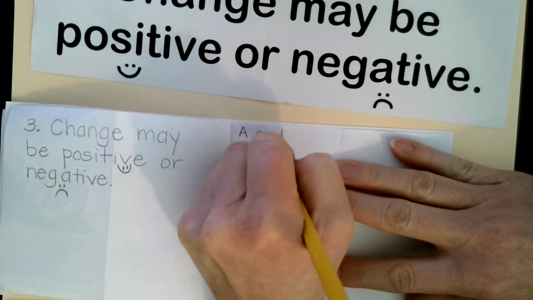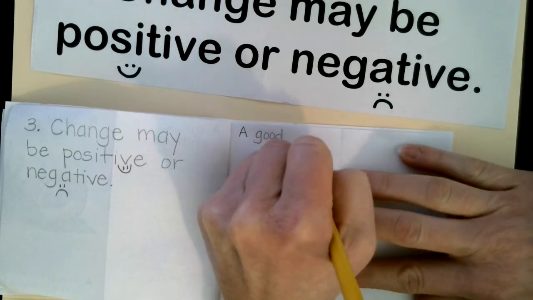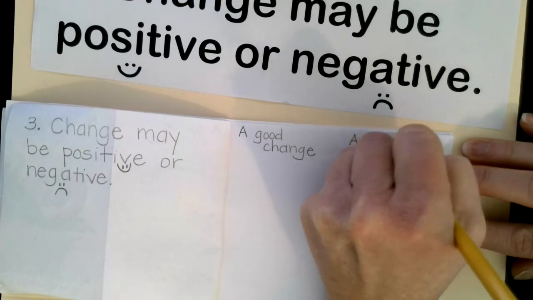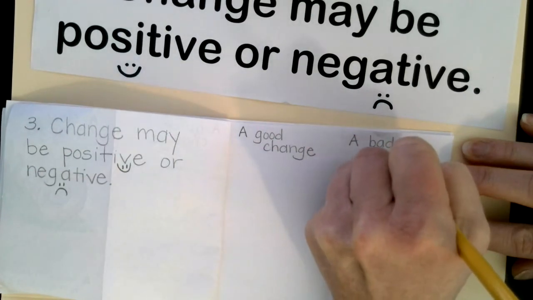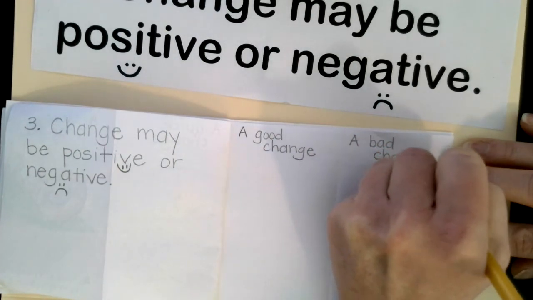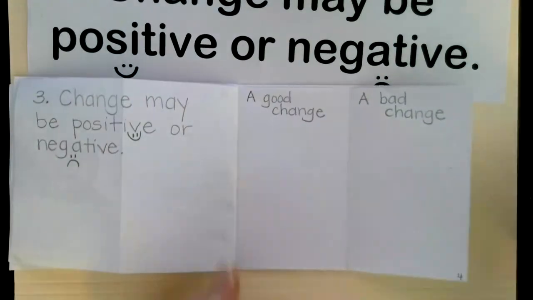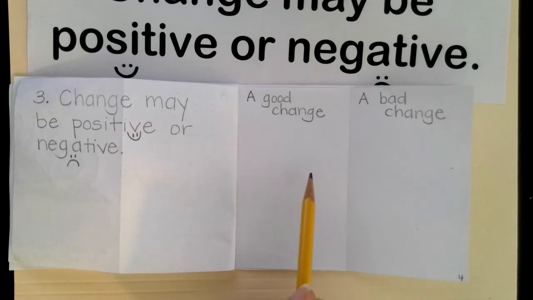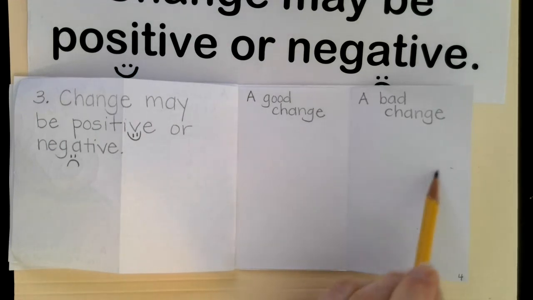So you need to think of a change that's good and a bad change. So you're going to do the same thing as before. You need to draw a good change and color it and label it, and draw a bad change with your pencil and color it and label it.